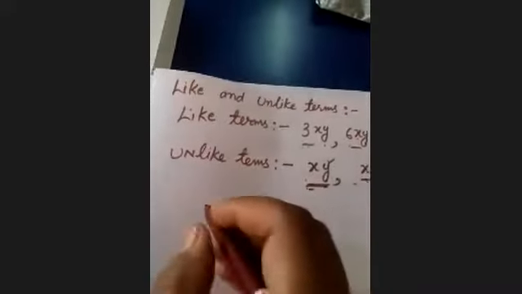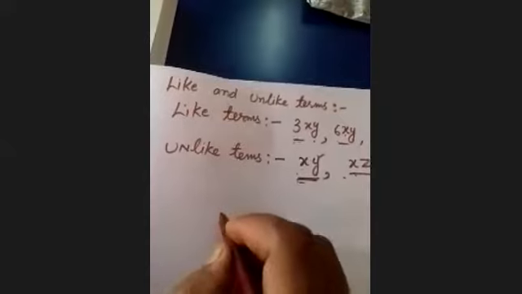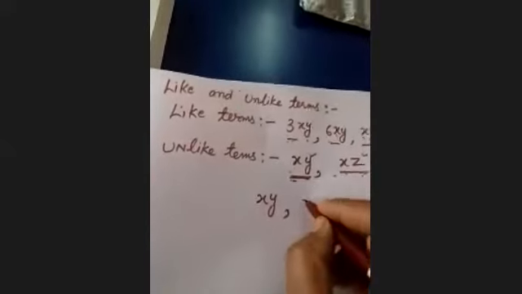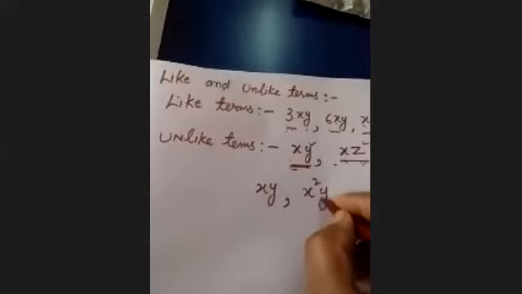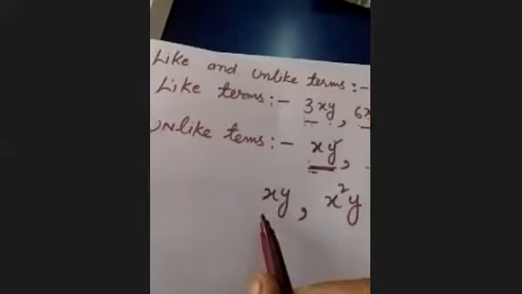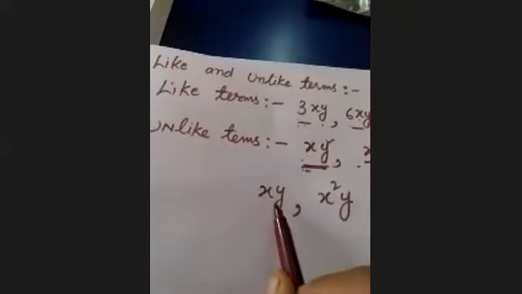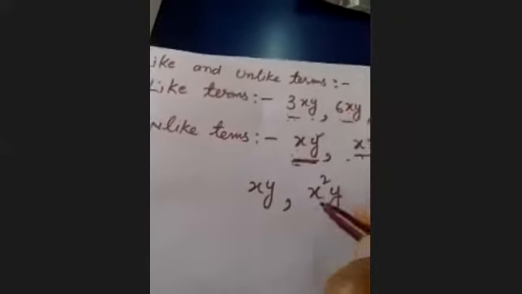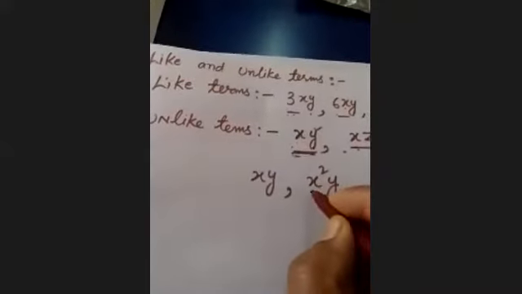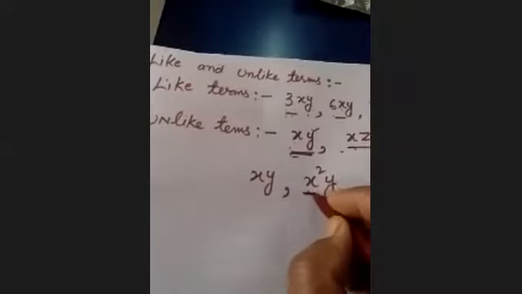Next is xy and x square y. Now, in the first term the variables are x and y. Then in the second term the variables are also x and y. But here the power of x is 2.